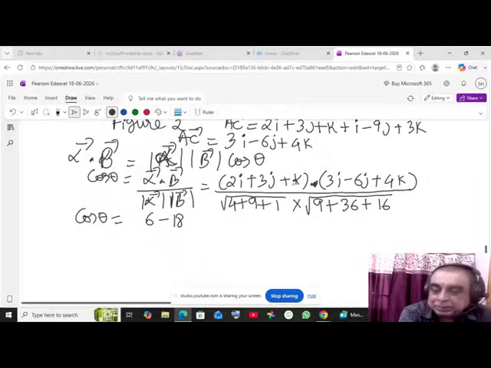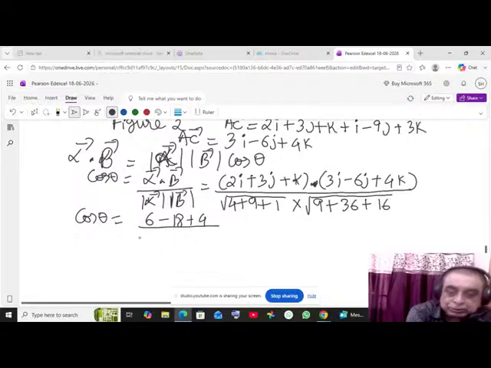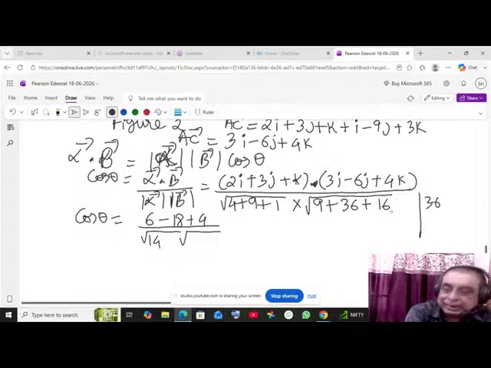Then the coefficients of k, 1 times 4 is plus 4. All divided by the square root of 14 times the square root of 9 plus 36 plus 16, which is 61.